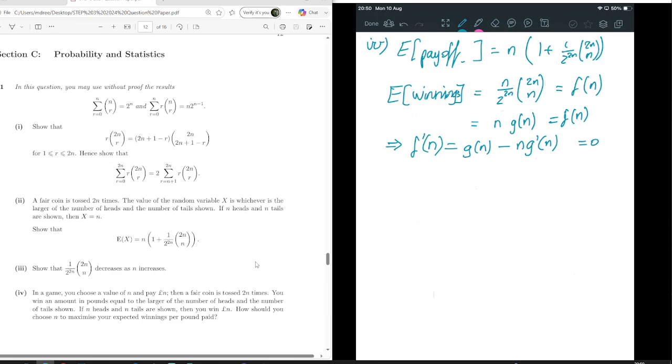But I can say that as g of n is decreasing, g dashed of n is always negative, and everything we're doing here is subbing in integers, which implies, I should get rid of that condition, that f dashed of n is greater than 0, because it's something positive minus something negative, which is greater than 0 for all n positive.